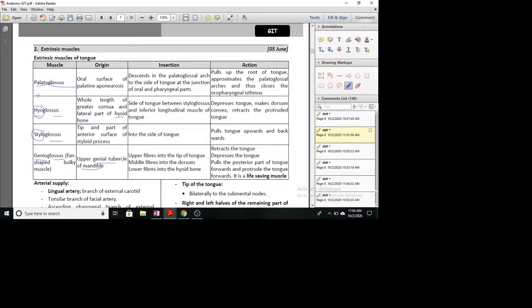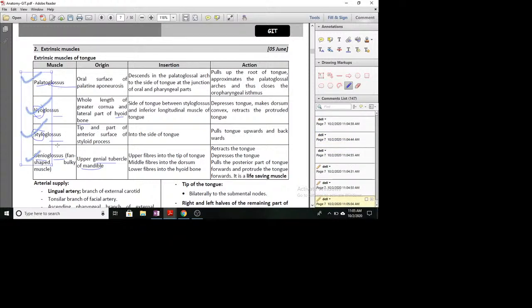So there are four muscles: palatoglossus, hyoglossus, styloglossus, and genioglossus.